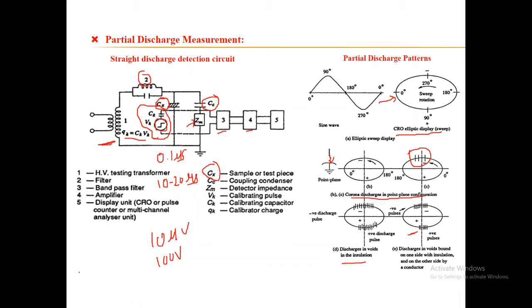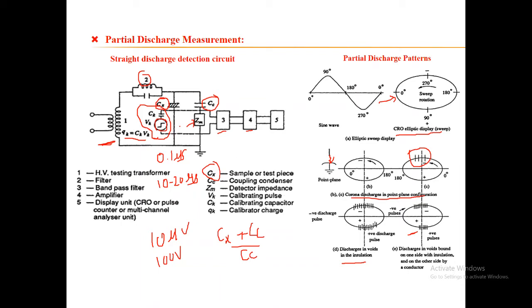If the calibrating pulse is directly injected at the high voltage terminal of the test object, the magnitude of the calibration pulse will be Ck × Vk. But if the pulse is injected across the measuring impedance, as you can see in the circuitry, then the calibrating pulse magnitude should be multiplied by the factor (Cx + Cc)/Cc.